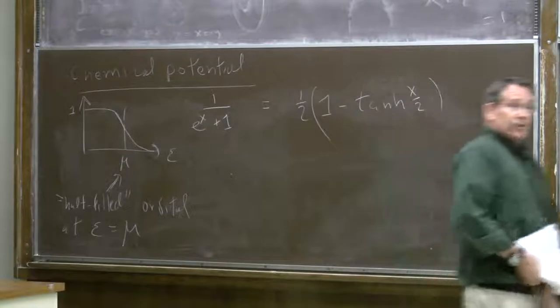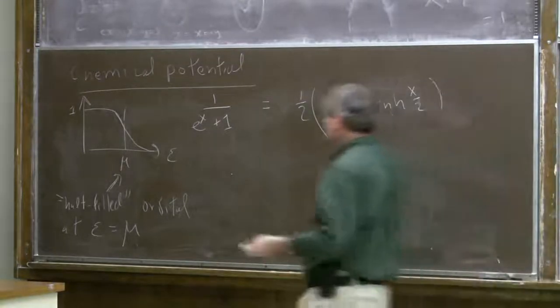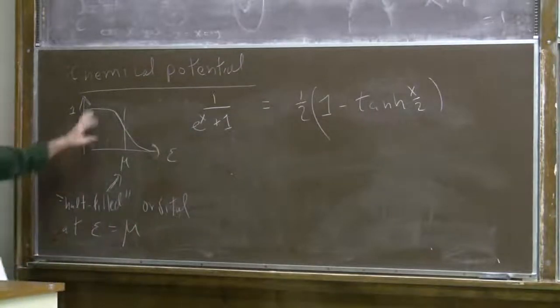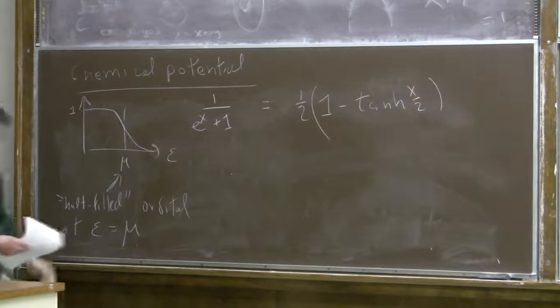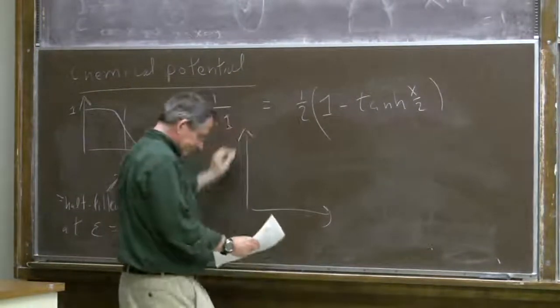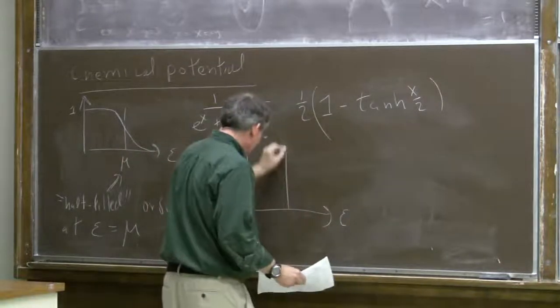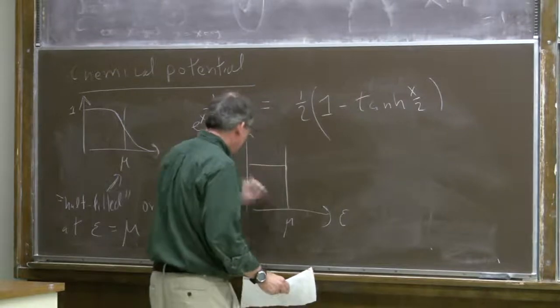Now, if we let the temperature get very small, then the step from up here, where the occupation number is nearly 1, to down here, where it's nearly 0, becomes very sharp. And it occurs right at the chemical potential, so it'll look something like that.